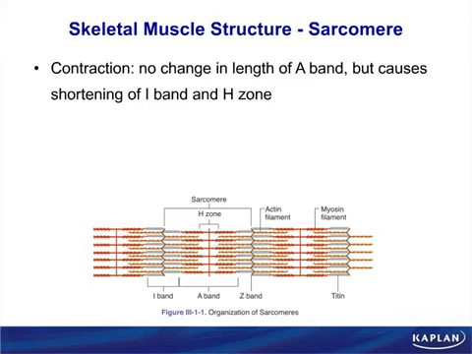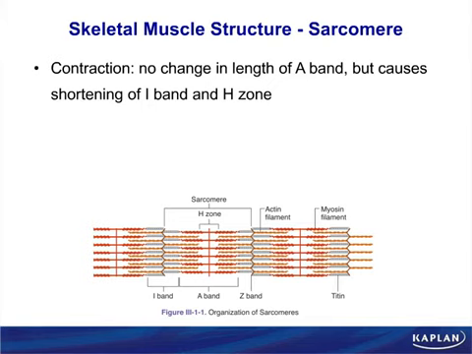Now, when skeletal muscle contracts, the A-band, which is the myosin, notice the nomenclature here. We have myosin filaments, actin filaments, and titin. And the A-band represents myosin, although there is some actin interspersed within there.